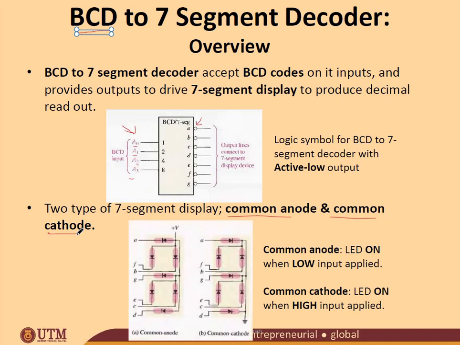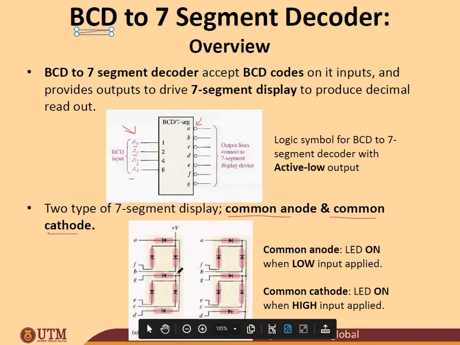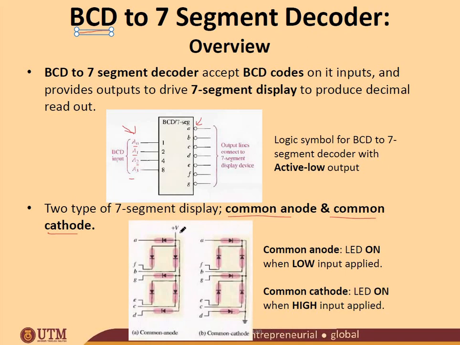By the name itself, you already know that common anode is a connection where the voltage source, the anode, is common to all of the display. You can see here that everything is connected commonly with the anode.